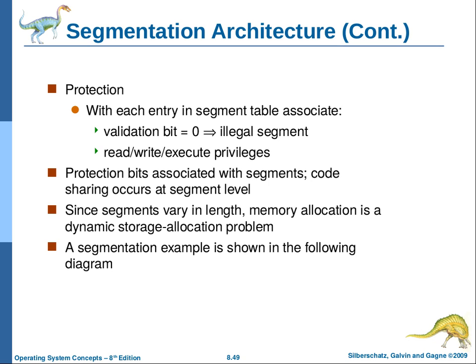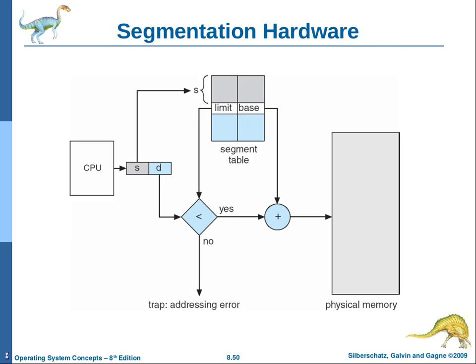Protection bits: with each entry, associate a valid bit. If it's not valid, it's illegal. So you can protect your segmentation as well with protection bits. Oh, good. Diagrams. This will probably look very similar. The CPU comes out with a logical address, which is different than the physical address. You first test whether it's an addressing error, because if it is, the operating system needs to interrupt and say this is not a valid reference, aka a segmentation fault.